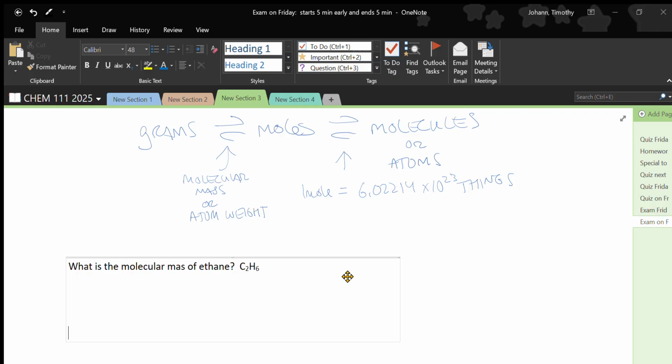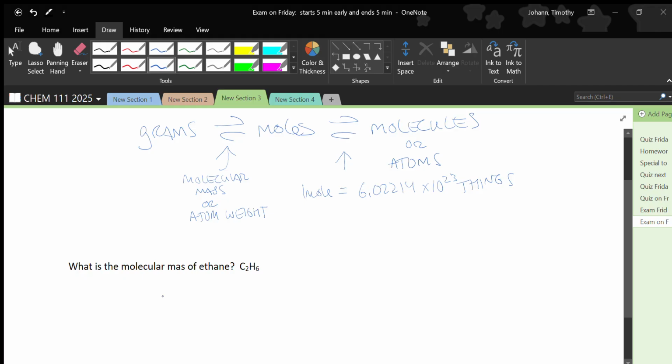Okay, so we're doing molecular mass. It's going to be the sum of the atomic weights in the element. All right, so what I'm going to do is I've got 2 carbons. So it's going to be 2 times carbon plus 6 times hydrogen, for the atomic weights.